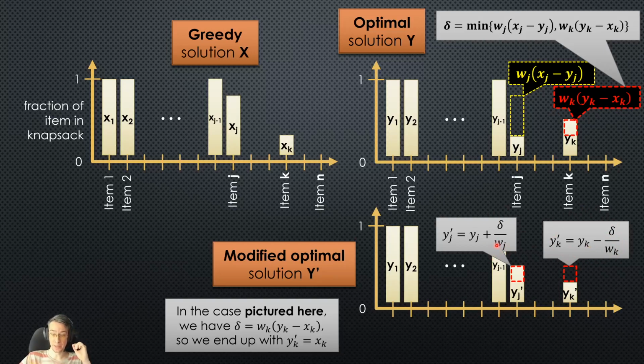Okay? So in this case, we'll end up with yk prime equal to yk. And if the yellow expression ends up being the smaller expression, then you can plug that in for delta here and see that we'll end up setting yj prime equal to yj by adding delta over wj fraction of item j to yj.